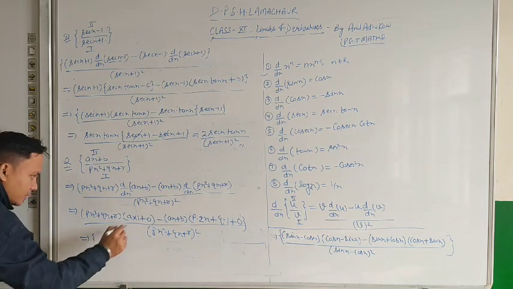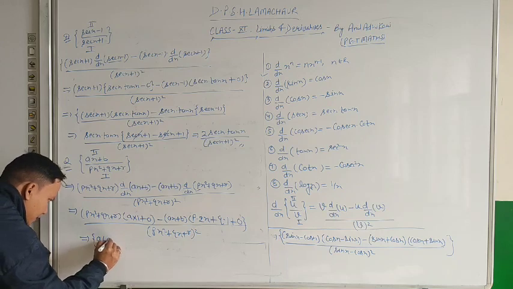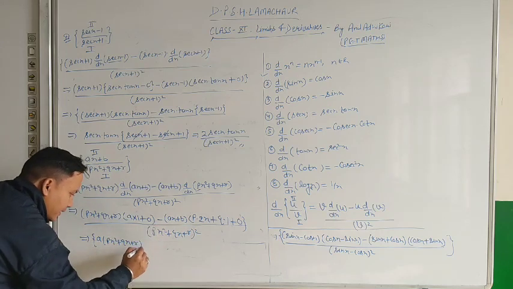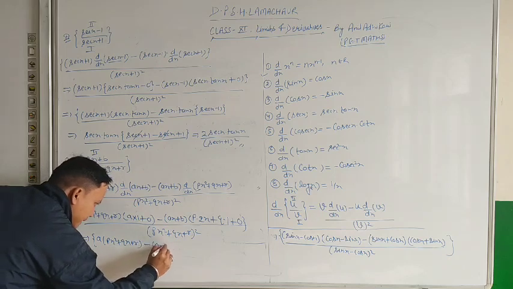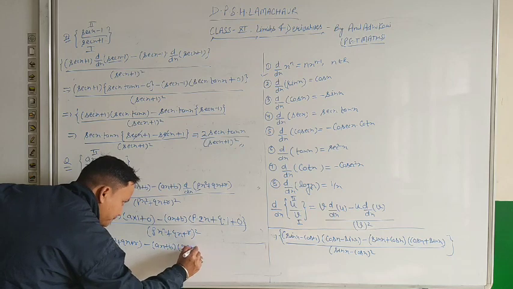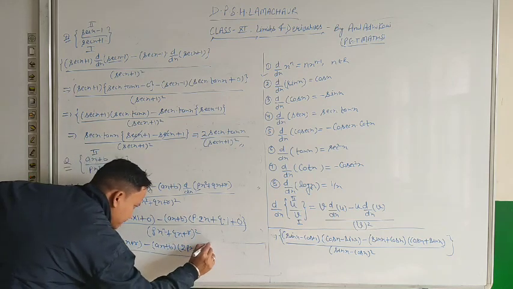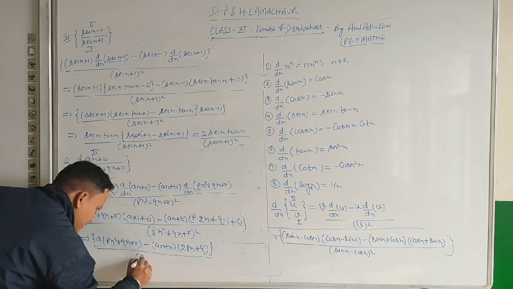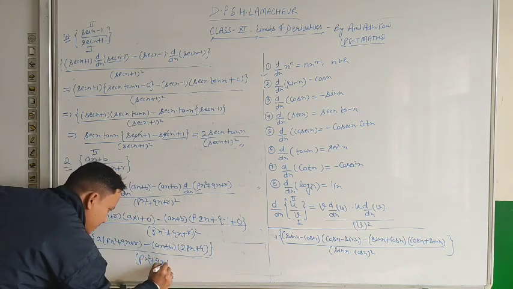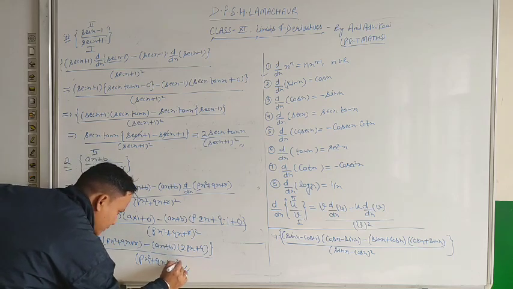Now from here we get a times px square plus qx plus r, and here minus ax plus b in one bracket, in another bracket 2 times px plus q, divided by px square plus qx plus r whole square, whole square.